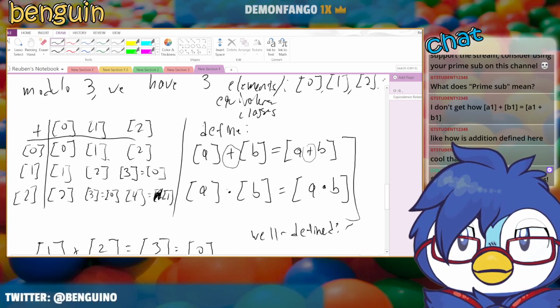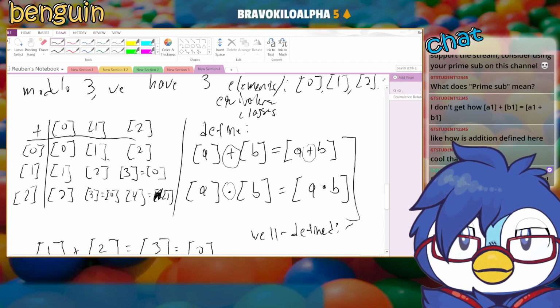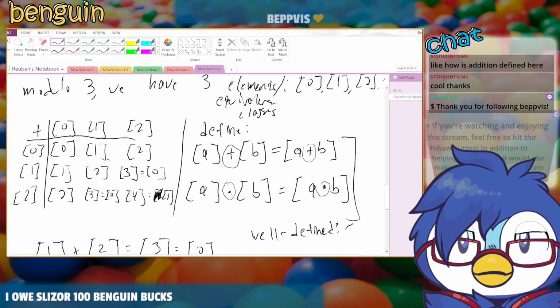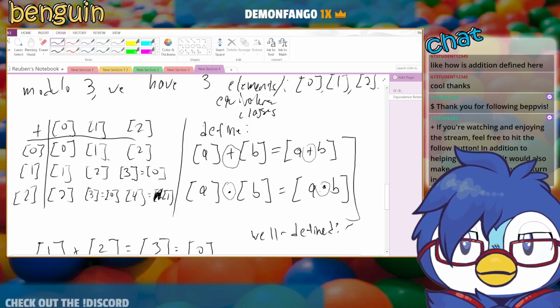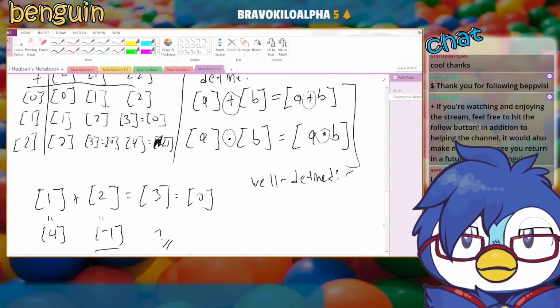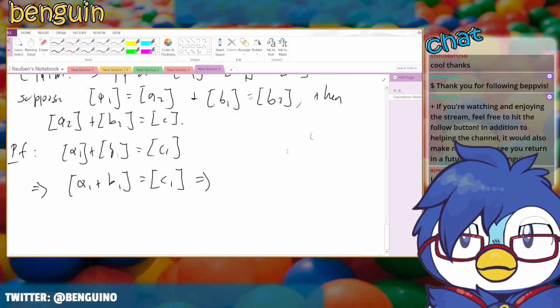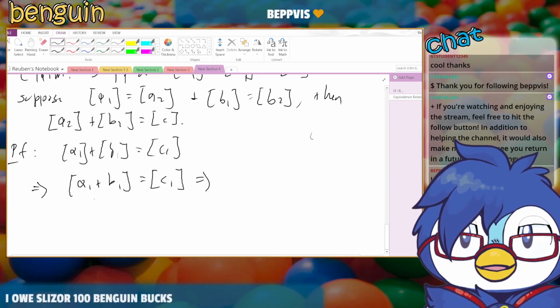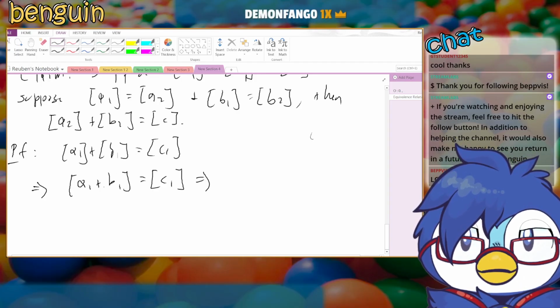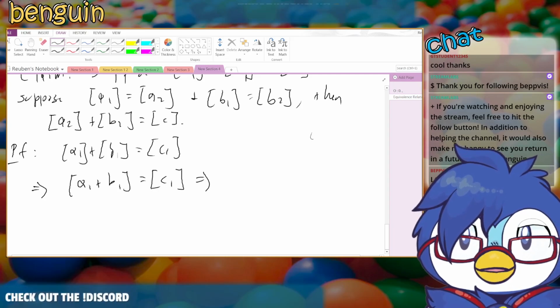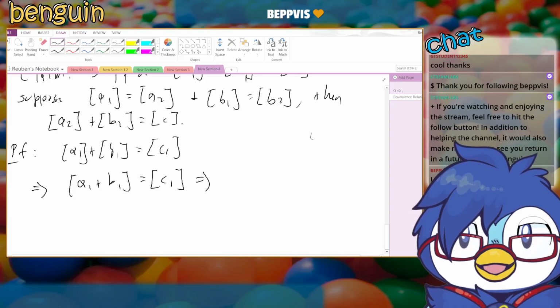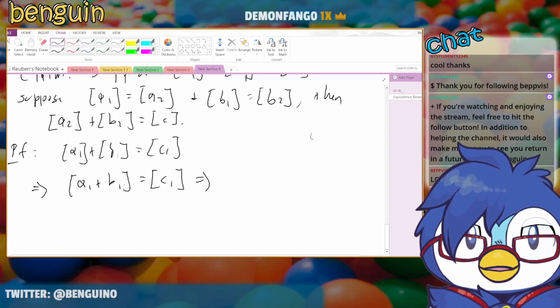But again, same thing over here. These two multiplications are different. This is multiplication of equivalence classes, and we're defining that in terms of multiplication of the integers themselves. So remember, now we're saying that these two equivalence classes are the same. But remember that two equivalence classes are the same if the numbers have the same remainder, right?